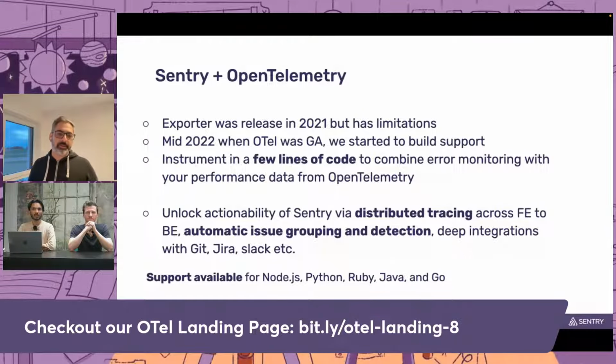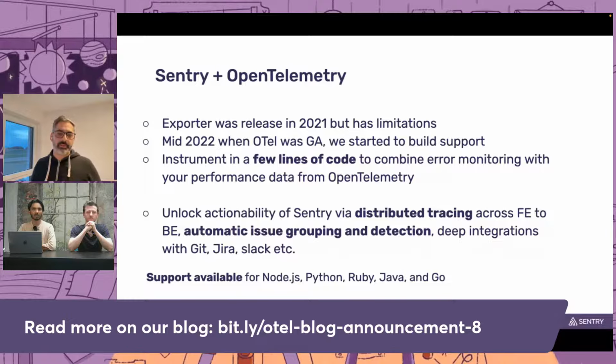And in mid 2022, we started the OTel support that you see now. And now you just have to use a few lines of code to combine Sentry with OpenTelemetry, so to connect those two SDKs. And with that, you get basically all the observability and distributed tracing and error monitoring out of the box.